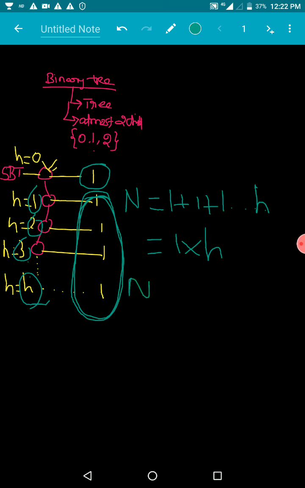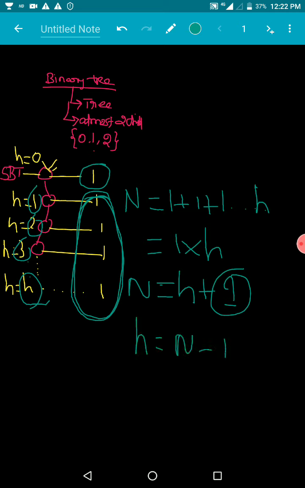Finally n equal to h plus 1, including the root node. So here h equal to n minus 1. So if somebody gives the number of nodes n, we can easily find the height of the tree in a skewed binary tree. This is one form of binary tree.